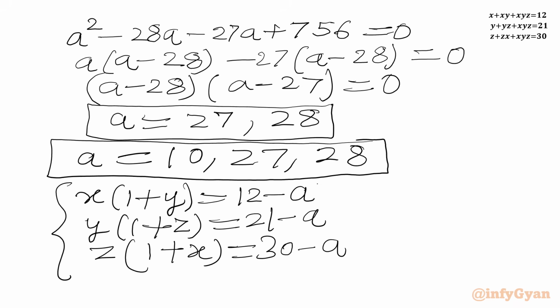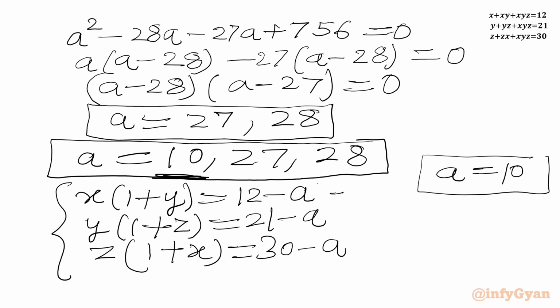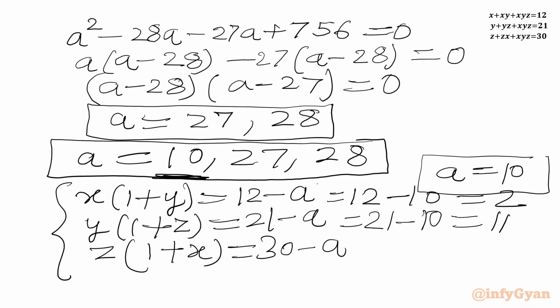Let's begin with our first a value, which is a equal to 10. So I am putting here a equal to 10. So 12 minus 10 will be equal to 2. 21 minus 10 will be equal to 11. 30 minus 10 will be equal to 20.